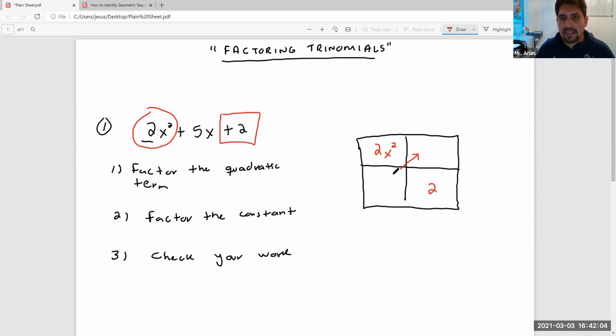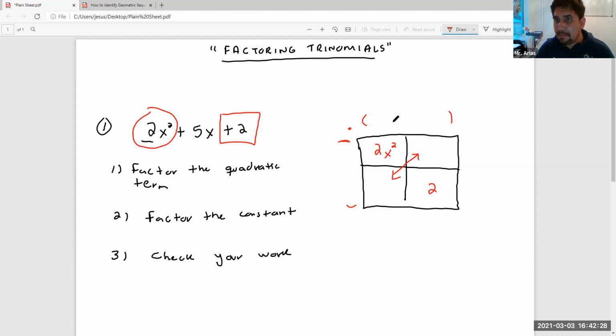Also, just to keep in mind, these entries are going to be invisible for now, but then eventually, as we find the factors of the quadratic term and the constant term, we're going to find out what those values will be. So that being said, let's begin the process. Step 1 is basically to find the factors of 2x to the power of 2.